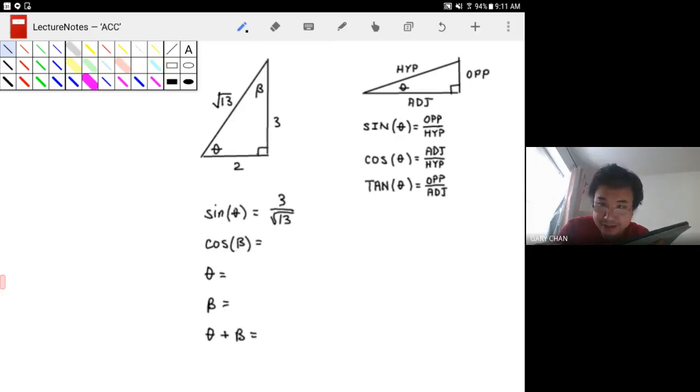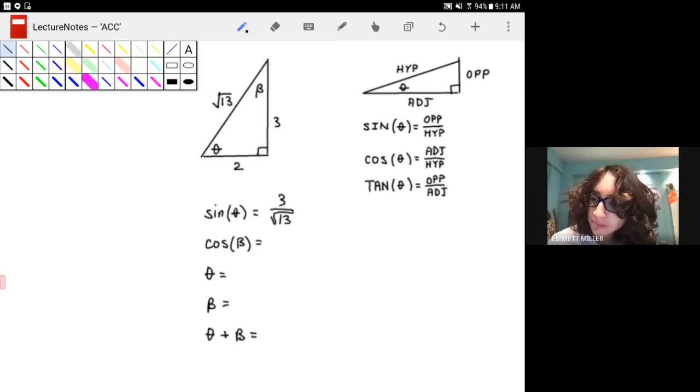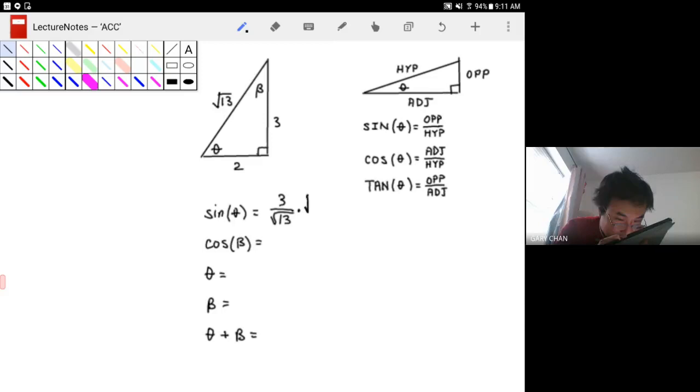Square root of 13 is irrational, that's true. But what does it mean to rationalize, though? It means to multiply top and bottom by the denominator, by what that radical is. And this turns out to be 3 radical 13 over 13. That's what sine theta is.